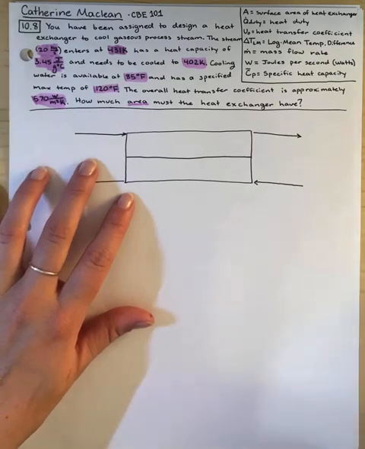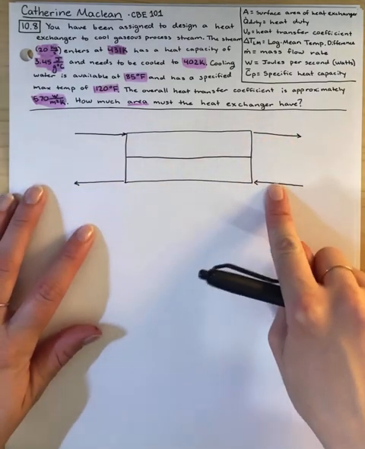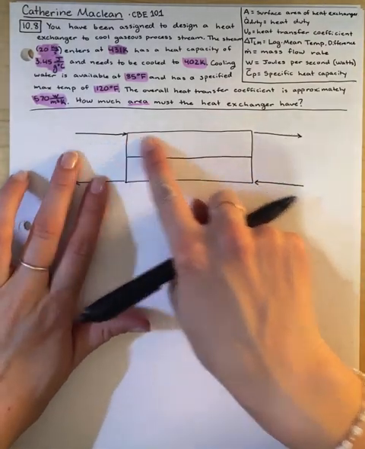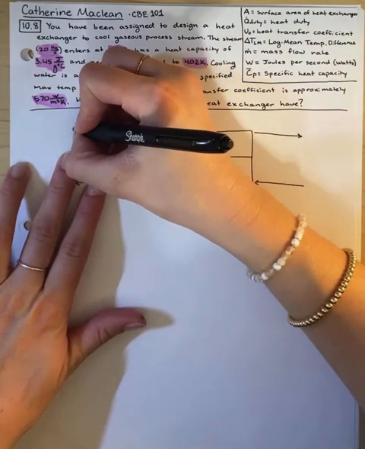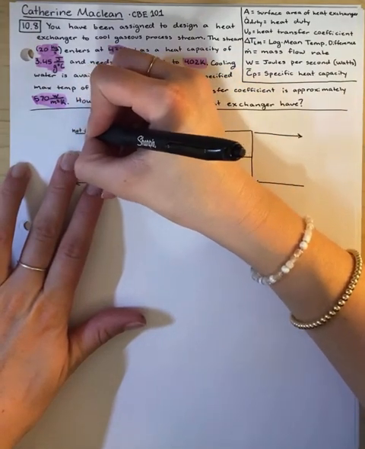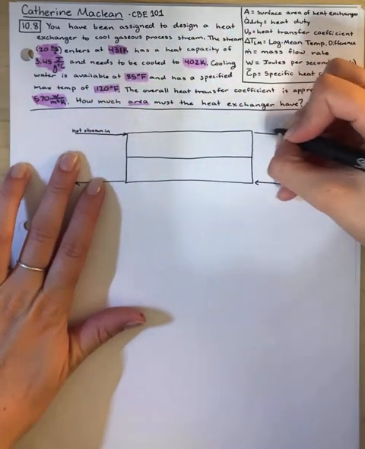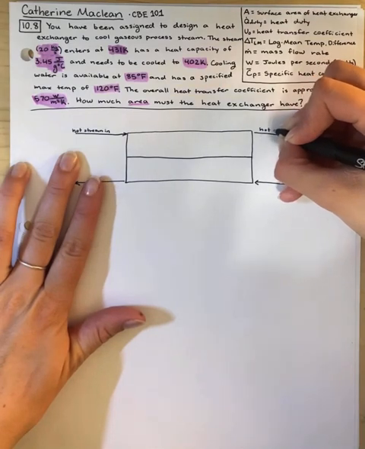So first off, I've already sketched the basic diagram for a heat exchanger. It's a countercurrent heat exchanger, which means our product is going in this way. This is our hot stream in, and this is our hot stream out.